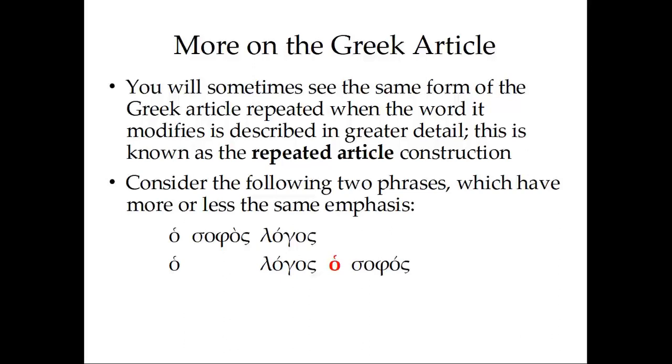And these mean, functionally, pretty much the same thing: the wise speech. Both of these mean the wise speech. Now this is a handy sort of construction if you're describing something in great detail, but often, even if you could describe it in three words, you might still use it.